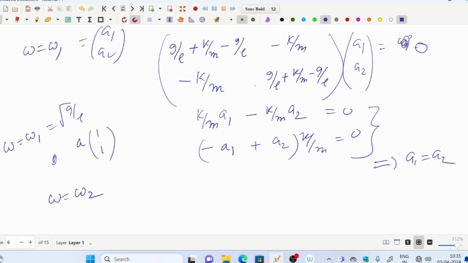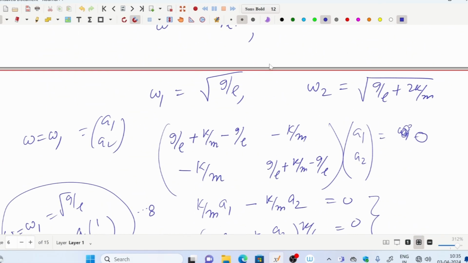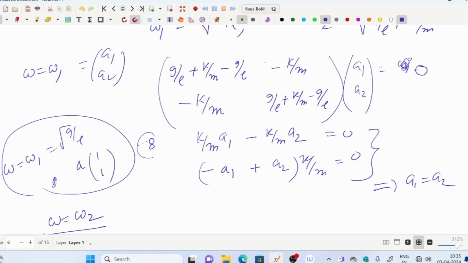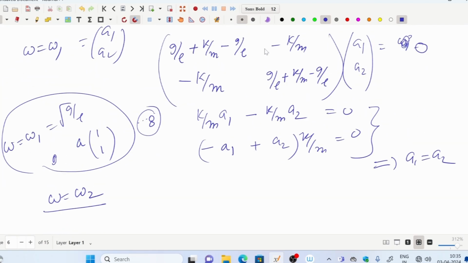So, this is the eigenvector equation, let me call it equation 9, and for omega 2 we proceed in exactly the same fashion.